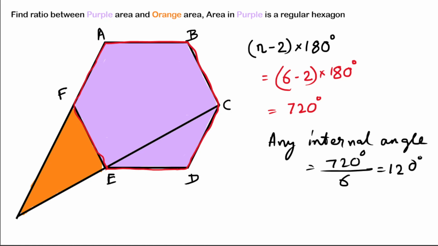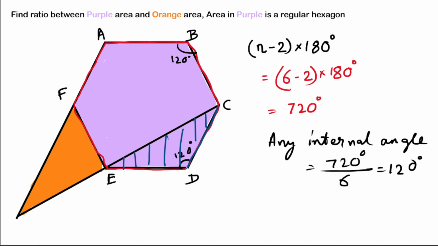Now that we have it, we know that this particular angle is 120 degrees and this is also 120 degrees. Now just look at this particular triangle that we will highlight here. What is this triangle? This is an isosceles triangle, right? Isosceles means at least two of its sides are equal.